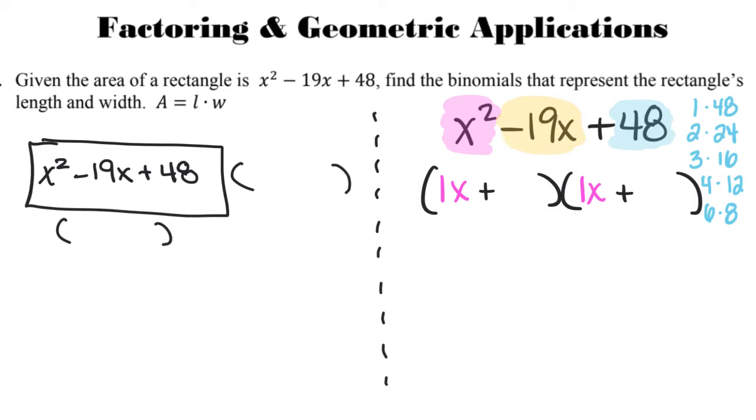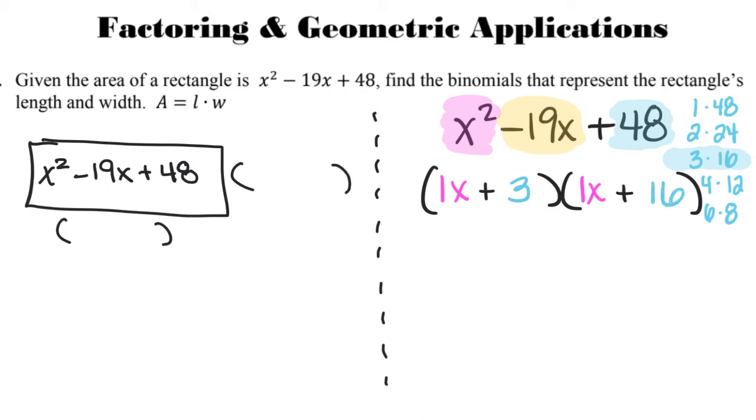That's going to help guide my guess here. So I don't need to pick numbers that are very large, like the 1 and 48 or 2 and 24. Those might be a little too big. I might settle kind of middle of the road. I'm thinking this 3 and 16 is a great guess.